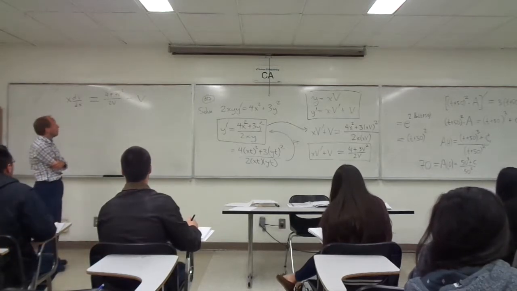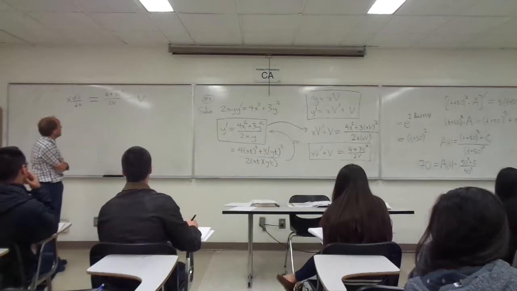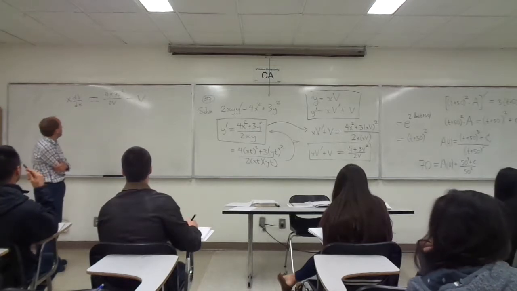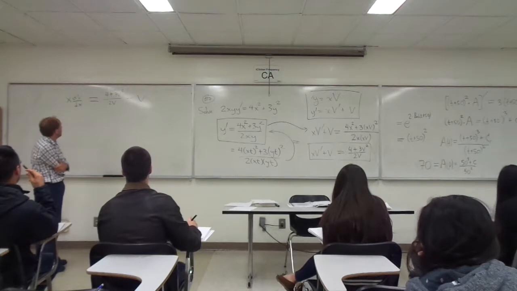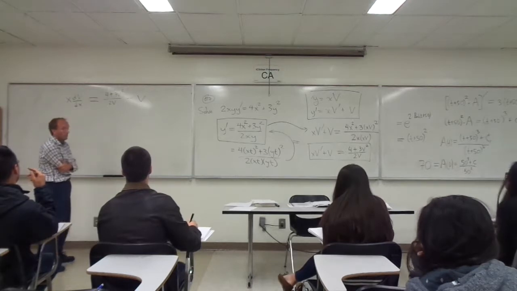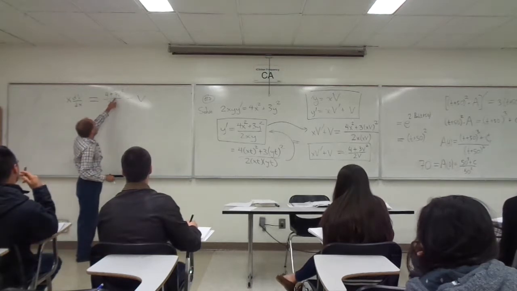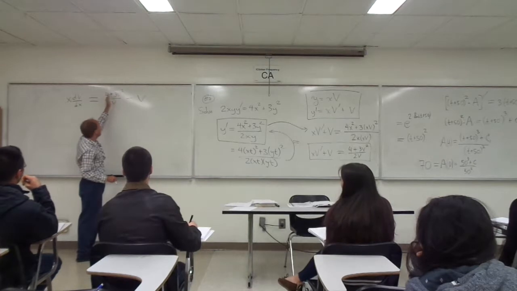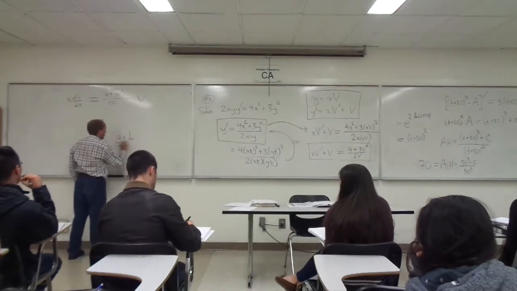Okay. Any suggestions from there? 3 halves v. So you're getting 3 halves v, and v squared over v is v, right? Yeah. So to do that, you have to split the fraction. And guys, be careful, this is just algebra.